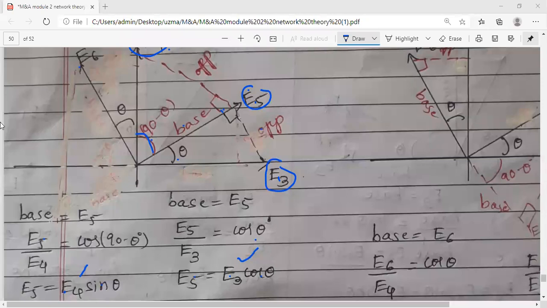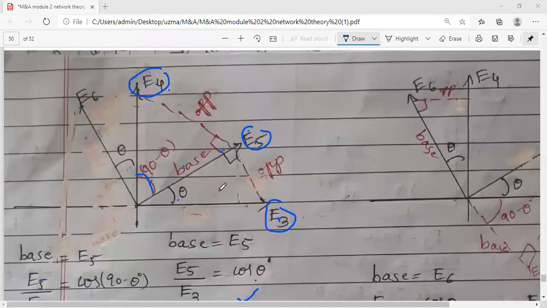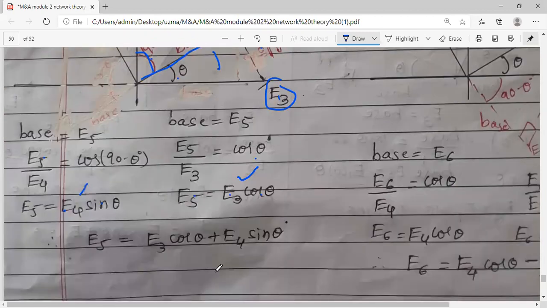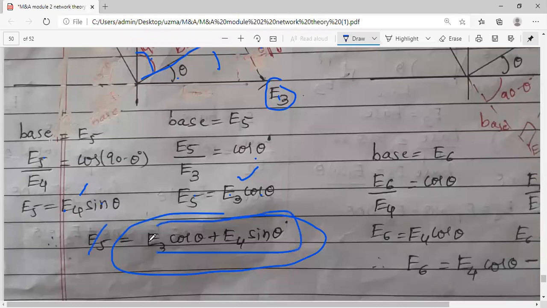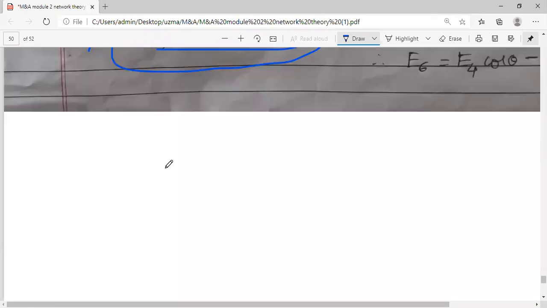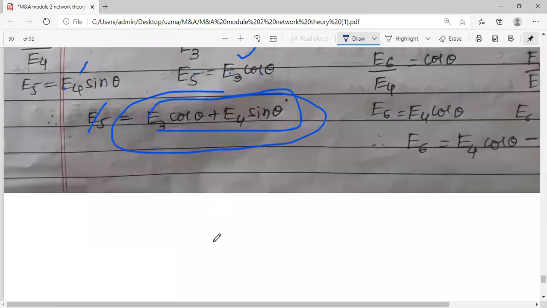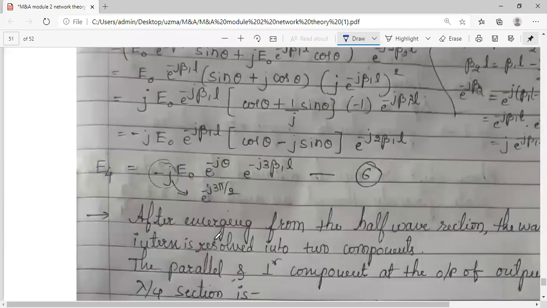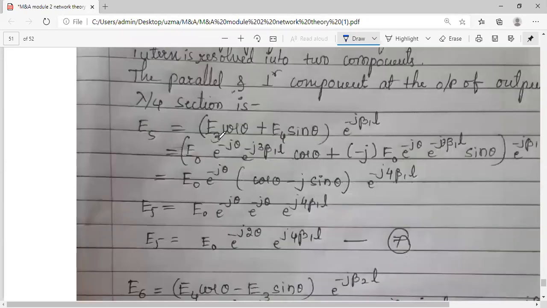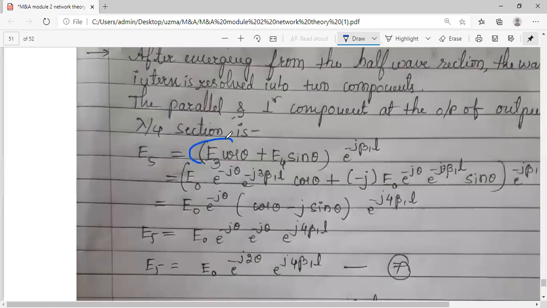Yes, we have to add them, because for the first triangle and the second triangle, your base is common. So the two components are in the same direction, so you have to add them. So I have added, and one E5 component value we got. So E5 is E3 cos theta plus E4 sin theta. Same thing I have taken from that figure.